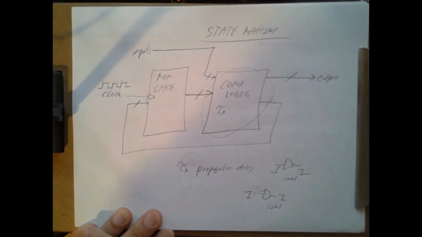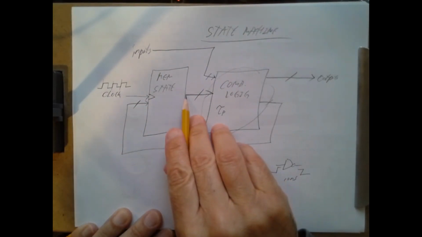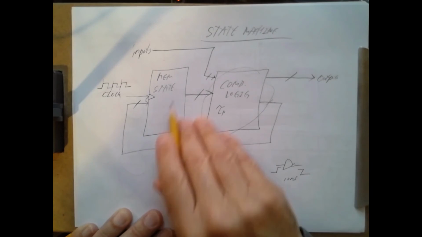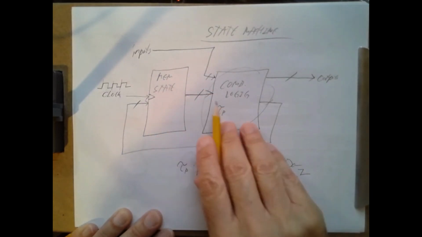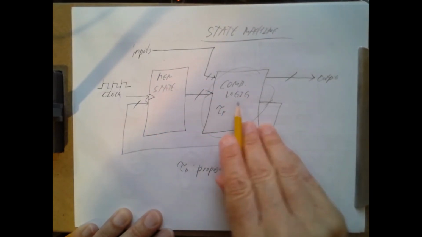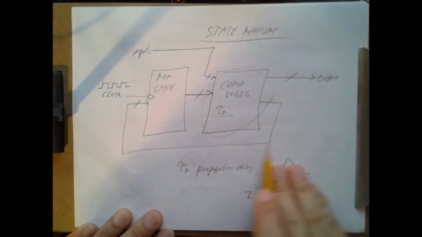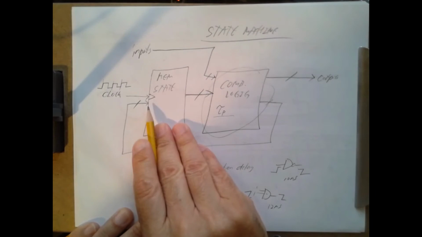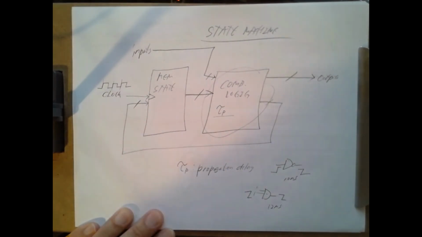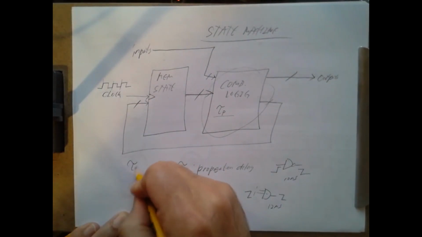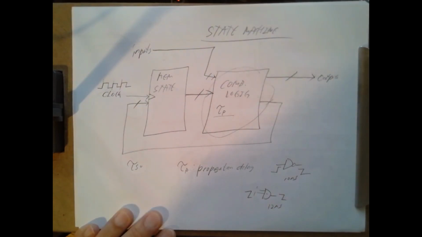The setup time tells us that once these outputs have changed, which is whatever the propagation delay is for the flip-flops, and the logic has trickled through all of this combinational logic, which is the propagation delay for this block, and they've gone back around to set the inputs of the flip-flops, now we need to wait an additional amount of time, which is the setup time.